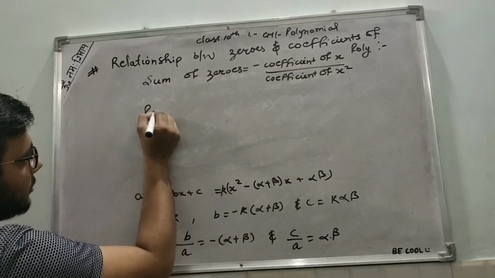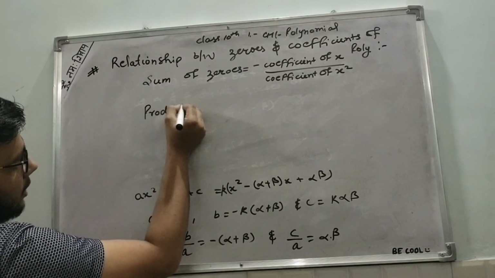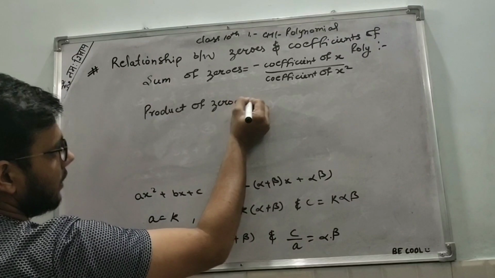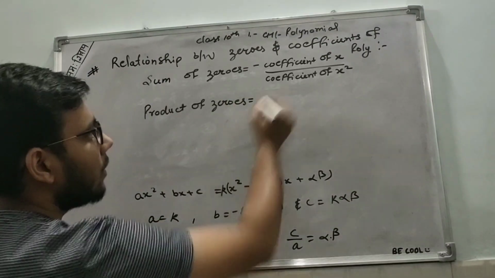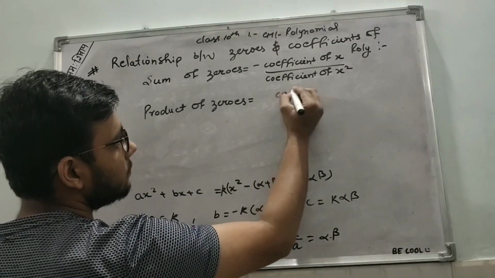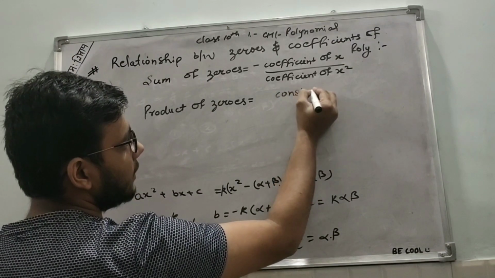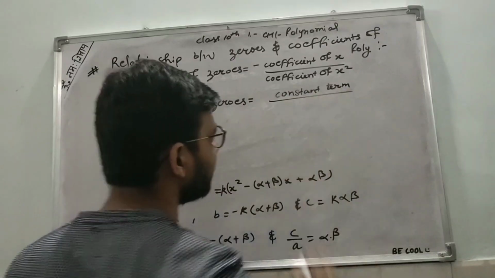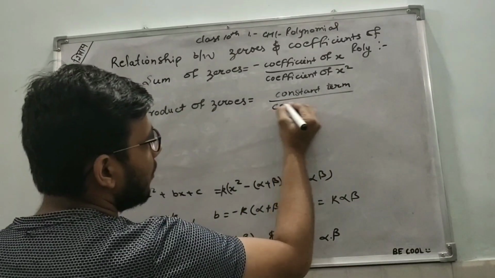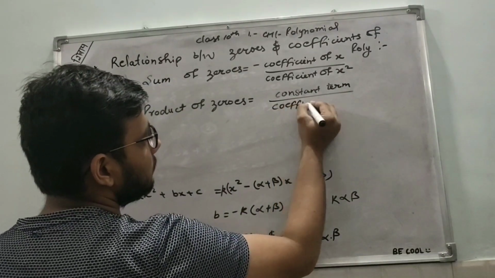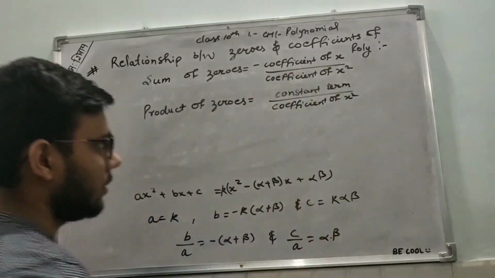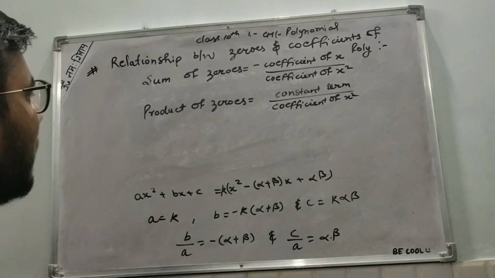And product of zeros is equal to constant term upon coefficient of x square. This is your relationship.